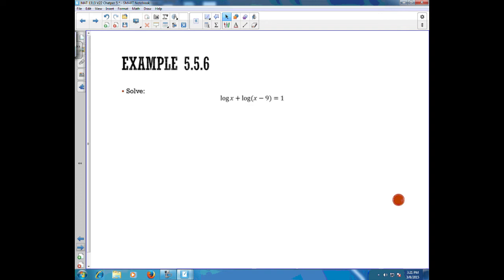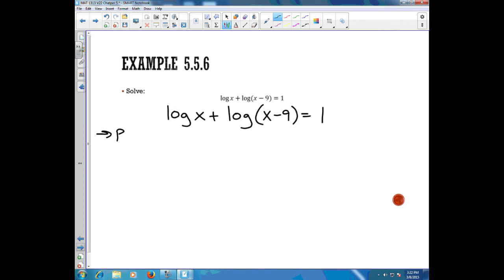Log x plus log x minus 9 is equal to 1. So now we have two logarithms, but they're on one side of the equation. So we want to condense those down to 1 using the product rule from section 5.4.